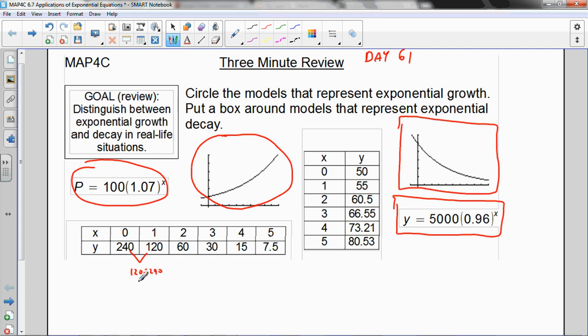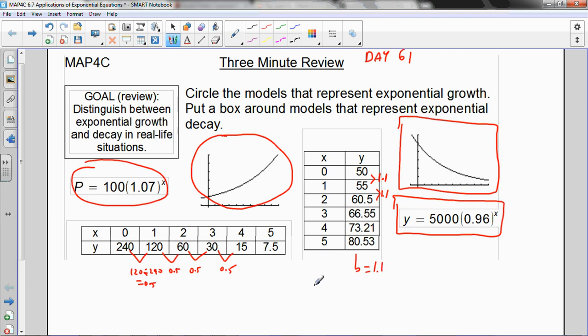That's a divide sign, and that's 0.5. And in fact, that's how these are all getting cut in half, right? The base for this one would be a half. And similarly here, if I went 55 divided by 50, that's 1.1. Actually, you can check that on your calculator. Each time I'm going up by 1.1. So here, this table, the base would be 1.1.